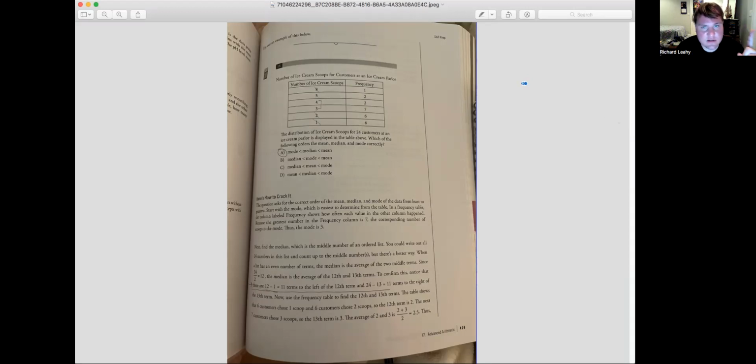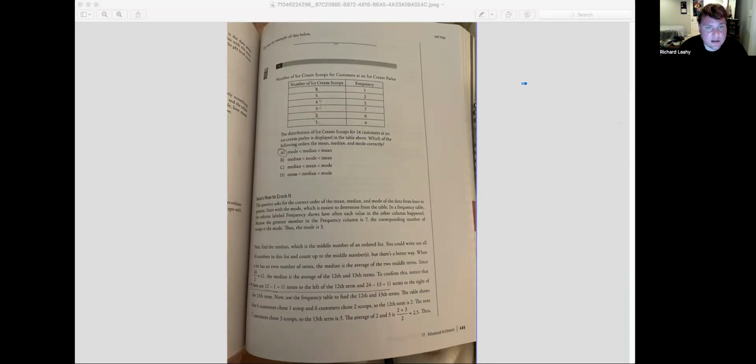So here I see the frequency of 7. 7 is a rather high frequency for 3 scoops. I would not say most, but many people want to eat ice cream and enjoy 3 scoops. So our mode in this case is 3 scoops.